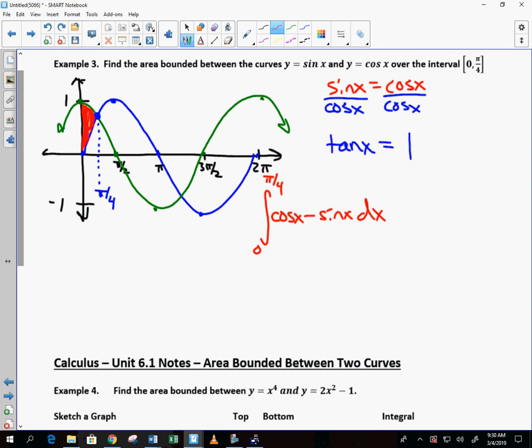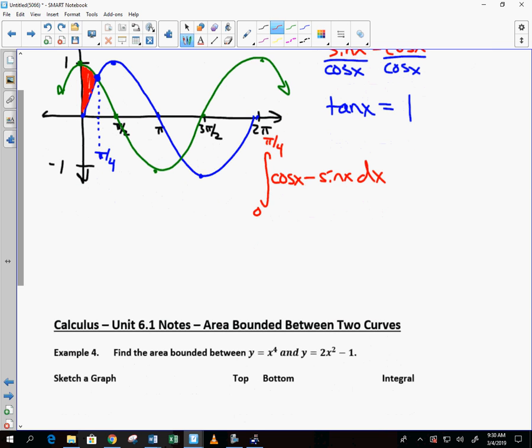Don't forget the dx. What is the antiderivative of cosine? Positive sine. Very good. What's the antiderivative of negative sine? Positive cosine.